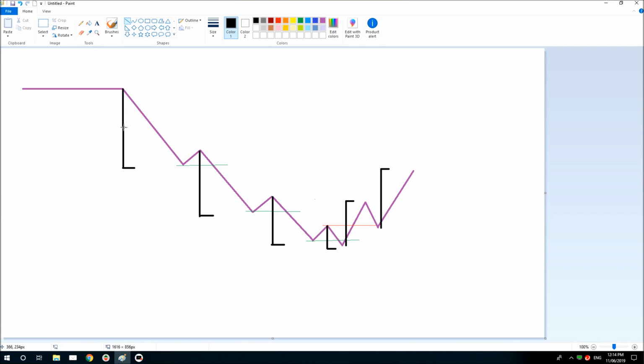Now you can see spreads have narrowed from here to here, to here, to here, and then price turned around, closed back above the high of the previous bar, and then you can see that price is now expanding higher.